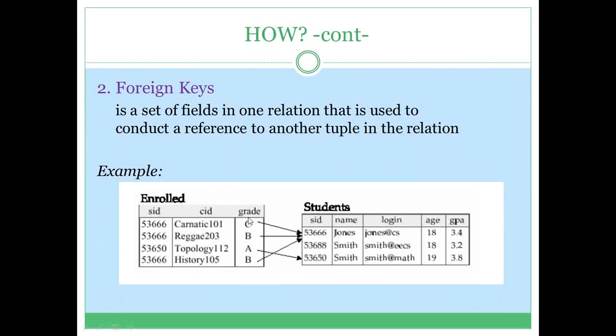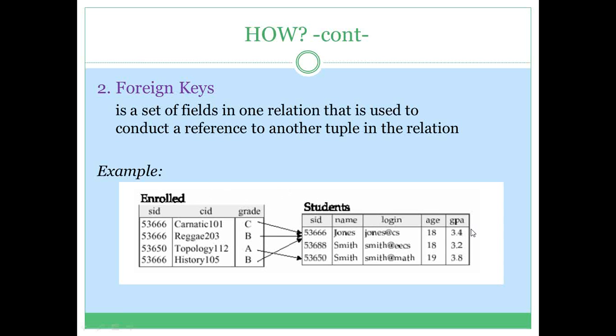Enrolled has a relation with the SID of student, like B, E and P, and yes, it's called foreign key. So we can input the grade into the table using this SID.